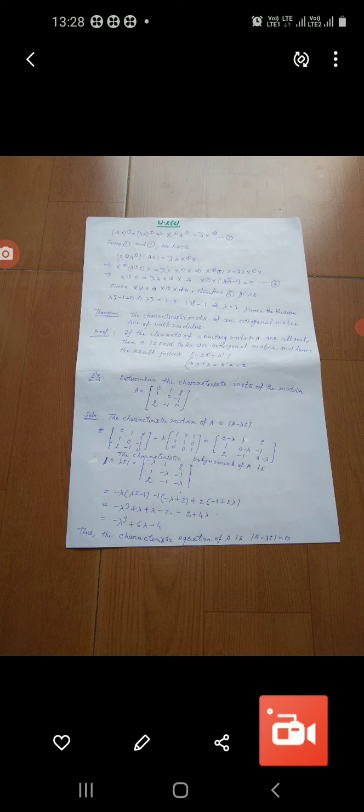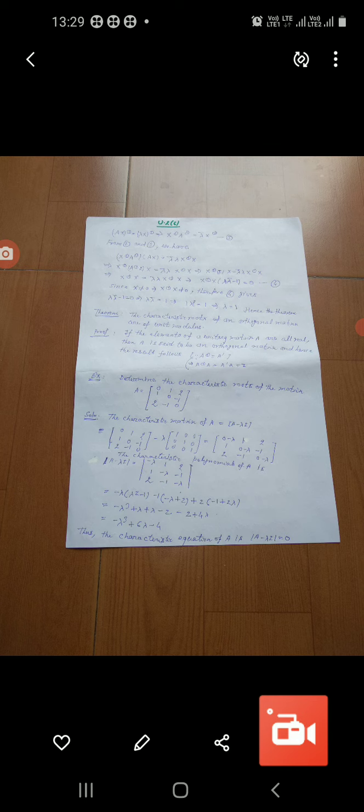So in this problem we will find the characteristic equation, that is determinant of A minus λI equal to 0, and in this way we will get the roots of the matrix.